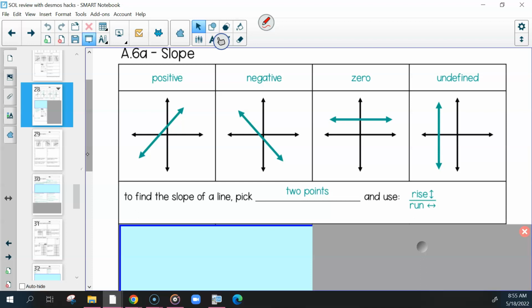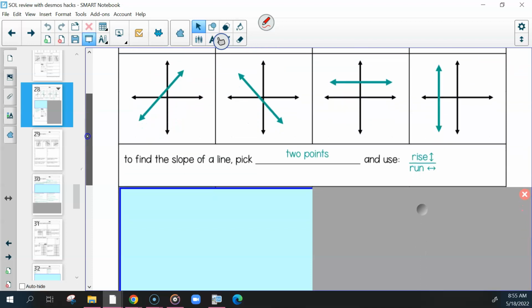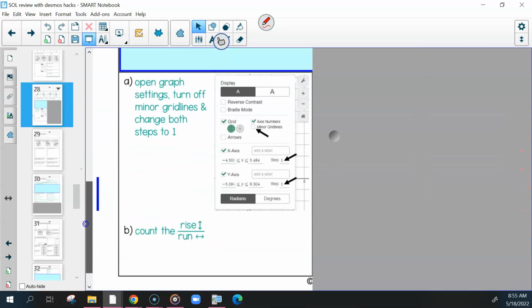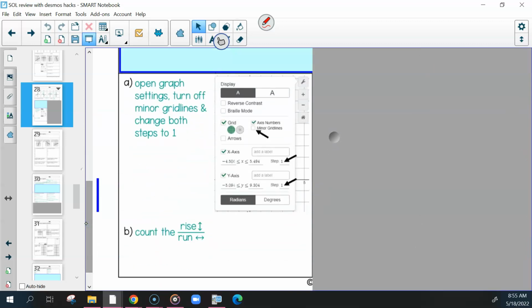Anyone still need this part? Maybe 7. Wait, so for 0 slope and undefined slope, for 0 we just put 0? Like literally just the number 0? If that's for slope, yes.